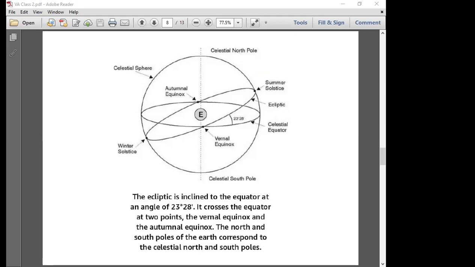So now we come to the concept of sidereal time. We have tropical time, we have sidereal time, but we are more interested in sidereal time because we are practicing Vedic astrology, right? We know that the Earth rotates around its axis in 24 hours, and that is known as a mean solar day.